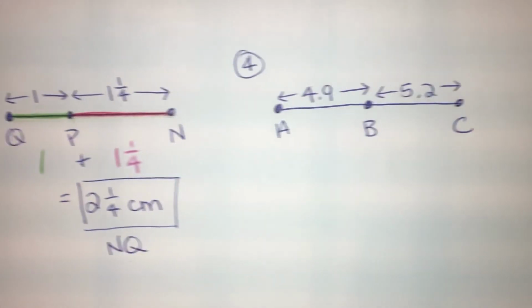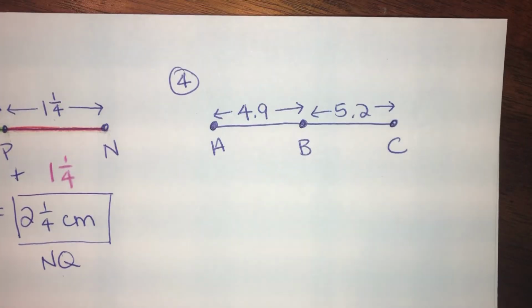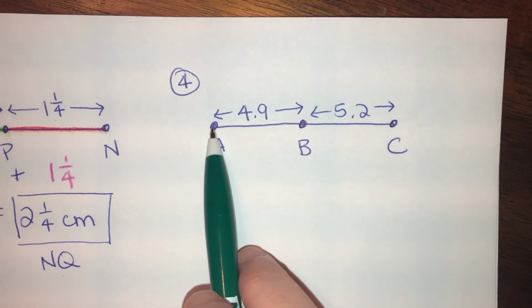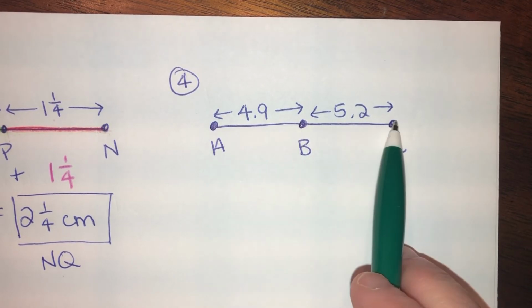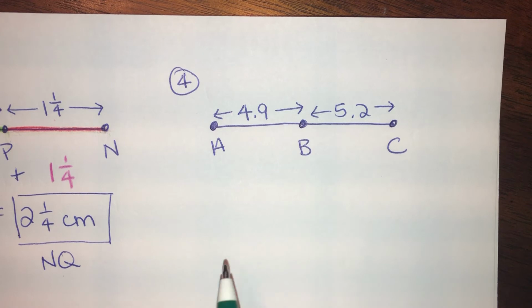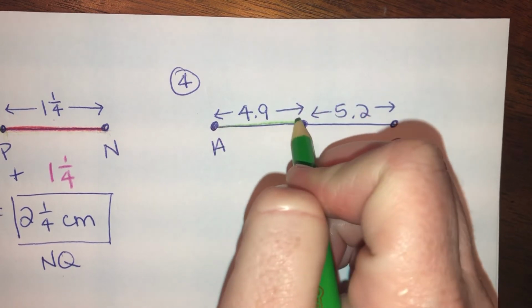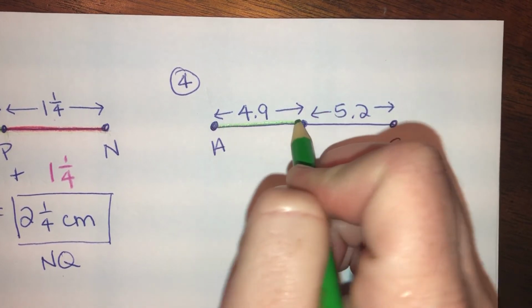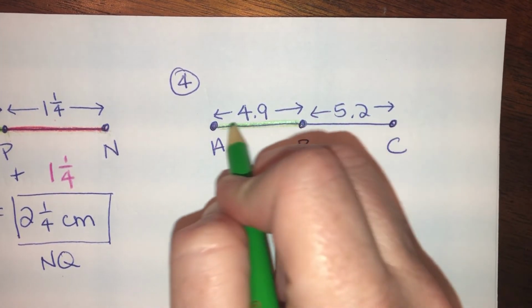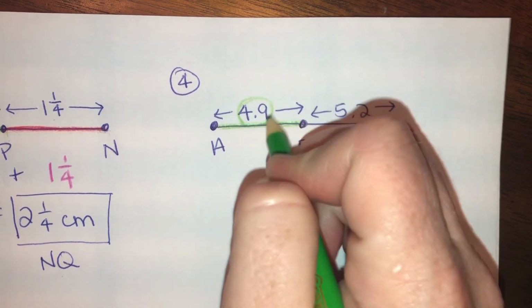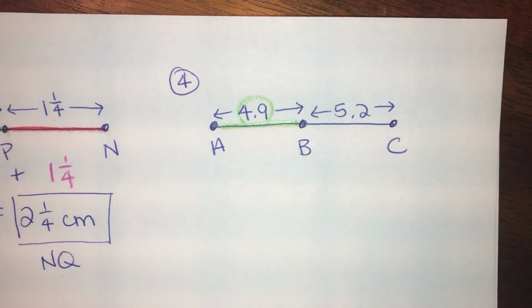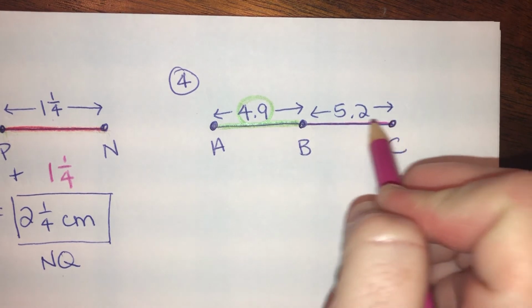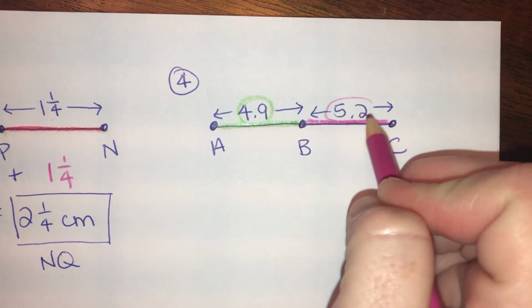We're going to do the same thing for number 4. It's set up the exact same way. We have line segment AC, and then we have this random point B, somewhere towards the middle. We're just going to add the two segments together. This AB segment is 4.9, whatever the units of measure are, and then B to C, the rest of the way, is 5.2.